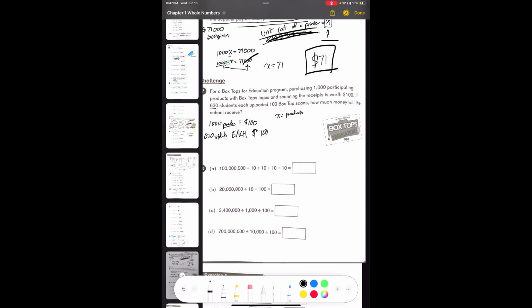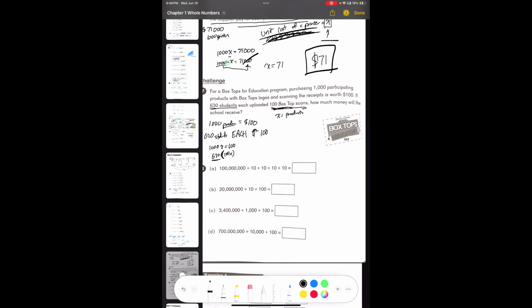Well, if products is x and 1,000x equals 100, and we have 630 students, each uploaded 100 Box Tops scans, which means we're going to put parentheses here, which means multiply 100x for 100 scans.